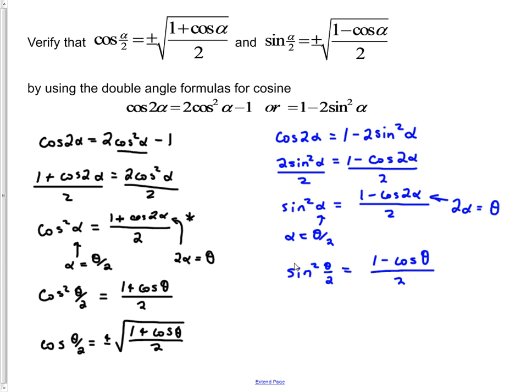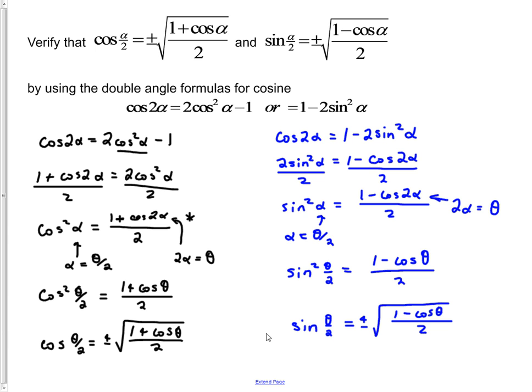Since the quantity is squared, we take the square root on both sides and find that the sine of theta over 2 is equal to positive or negative root of the quantity 1 minus cosine of the angle theta, all divided by 2.